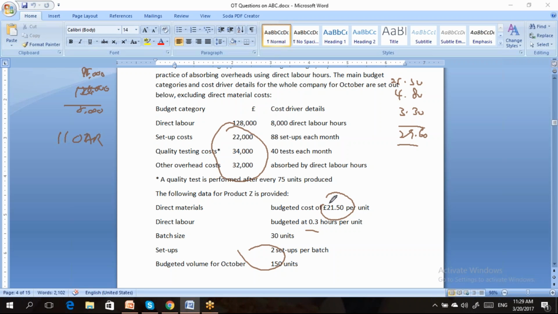Labor, we have 128,000 divided by 8,000, 16 per labor hour. 0.3 labor hours per one of these units, 480. Then overhead is absorbed on the labor hours basis. Total overheads are 88,000, including setup, quality testing, and other overhead. 88,000 divided by 8,000 is 11, the overhead absorption rate. 11 into 0.3, 330.